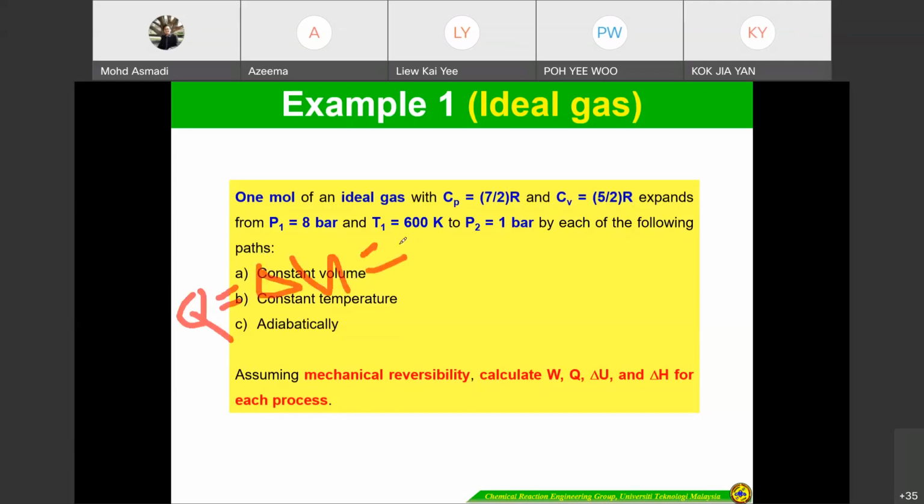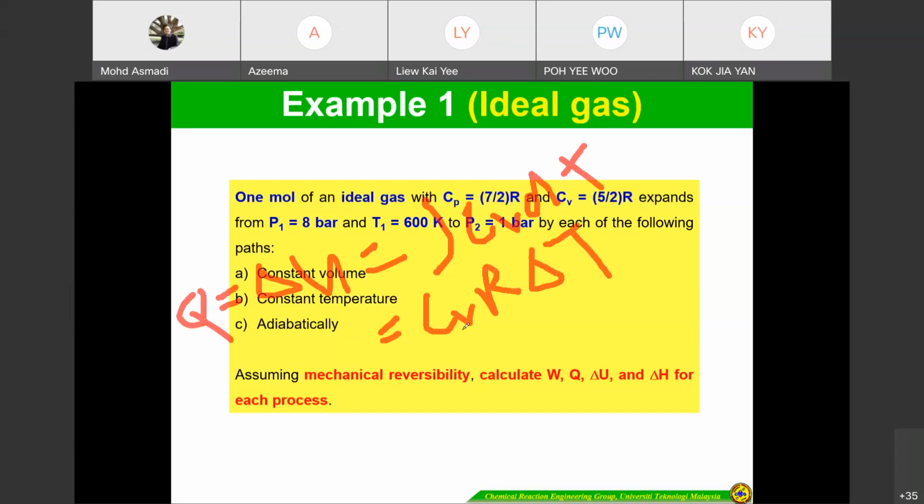Q equal to CV dT. Since this is the question, we can use CV, R dT, delta T.